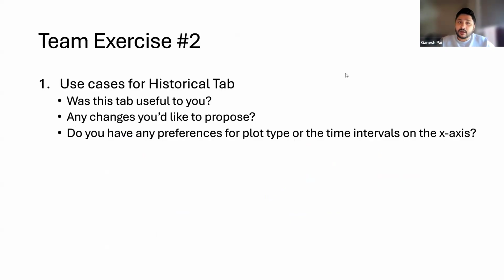And if you did, are there any changes you'd like to propose? Changes to plot types or time intervals, or to the feature in general? You can be vocal, or you can also just write it down in the chat. And maybe also, did you trust that the information was accurate? Did it match how you thought the system was working?